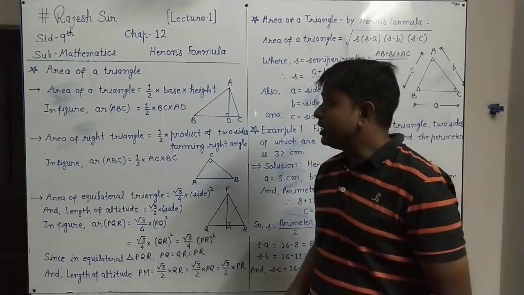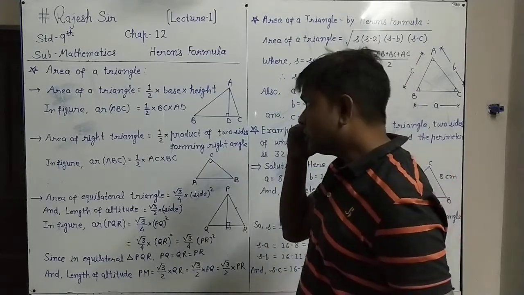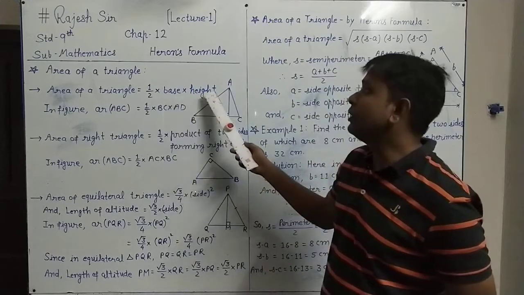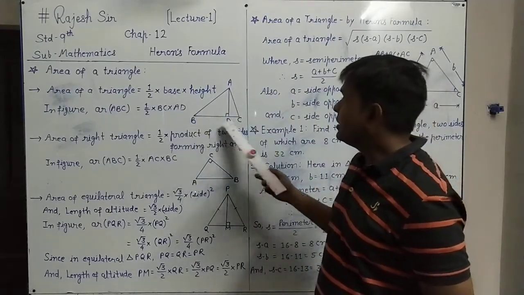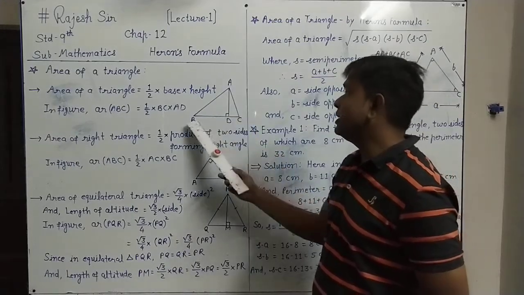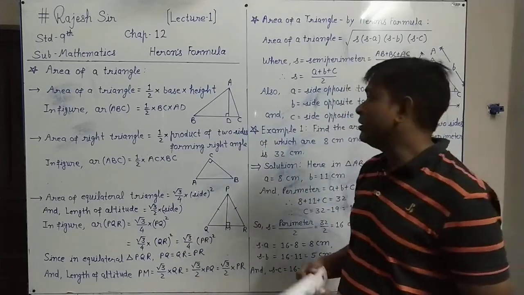So as we know, the very first formula, which you use very often, is: area of a triangle is half into base into height, or altitude. For triangle ABC, this AD is called the altitude on the base BC, showing the height of the triangle.